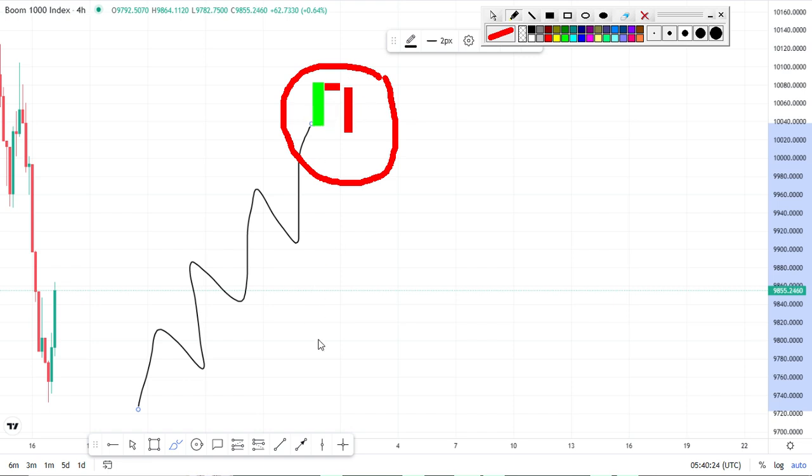So what I do is label this particular candle as the father, this as the mother, and the one in the middle I call the child. I don't know whether you are getting this concept. The one in the middle should be small, the one before should be big, and this one should be big.